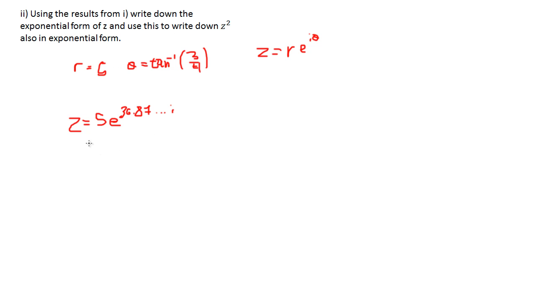Now we gotta do z squared in exponential form. We just gotta remember this formula, that z to the power of n equals r to the power of n, e to the power of i n theta. So the angle here is going to be doubled, and r is going to be to the power of 2.